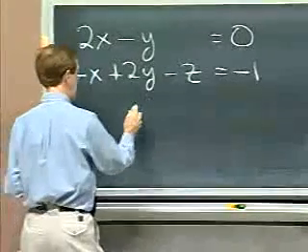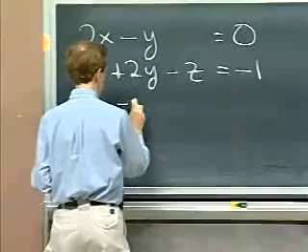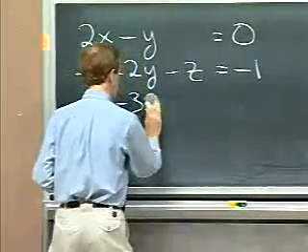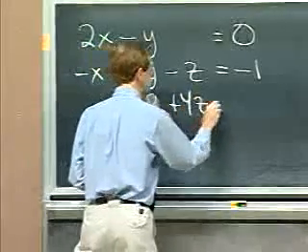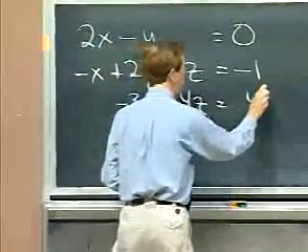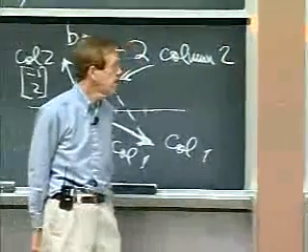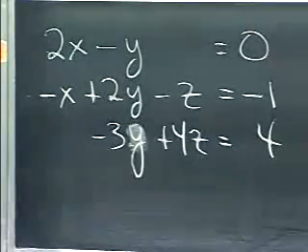And just for variety, let me take minus 3y's. I should keep the y's in that line. And minus 3z's, no, 4z's is, say, 4. Okay. That's 3 equations. I'm in 3 dimensions, x, y, z.